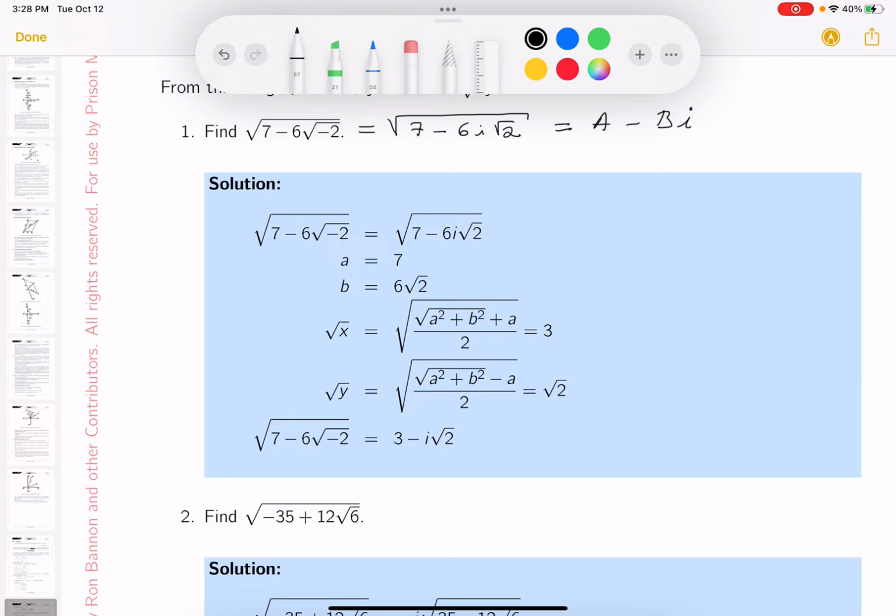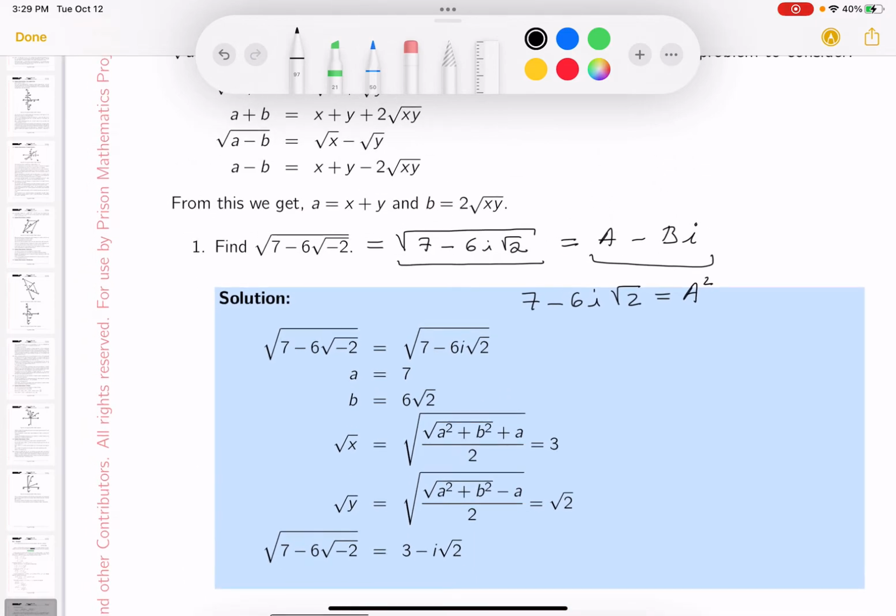So what I'm going to do is look at this and look at this. I'm going to square both sides. And what would you get? You would get 7 minus 6i root 2 equals, well, this is going to be a squared. And for students who have a tough time with this, I'm going to write down what I'm doing. A minus bi squared means a minus bi times a minus bi.